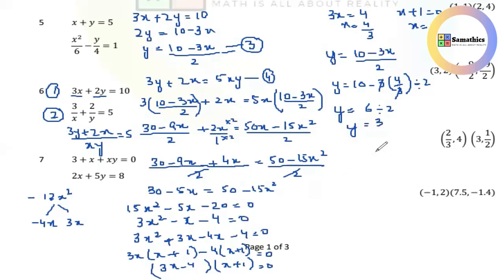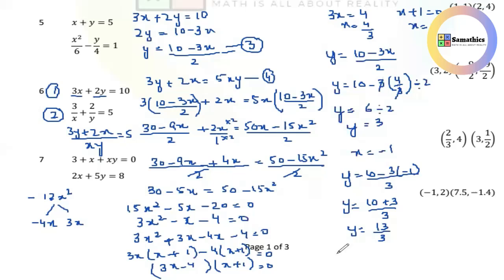And then when we have x is equal to minus 1, I'm doing the working over here. Y is equal to (10 minus 3 into minus 1) upon 2. So y is equal to 10 plus 3 upon 2, so it would be 13 upon 2.